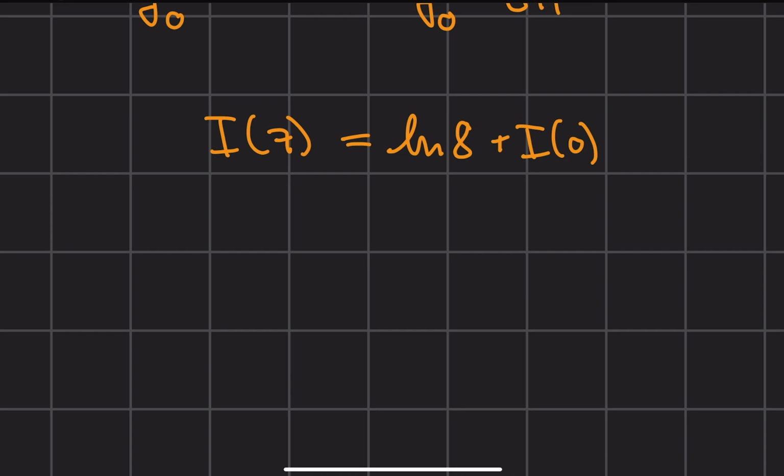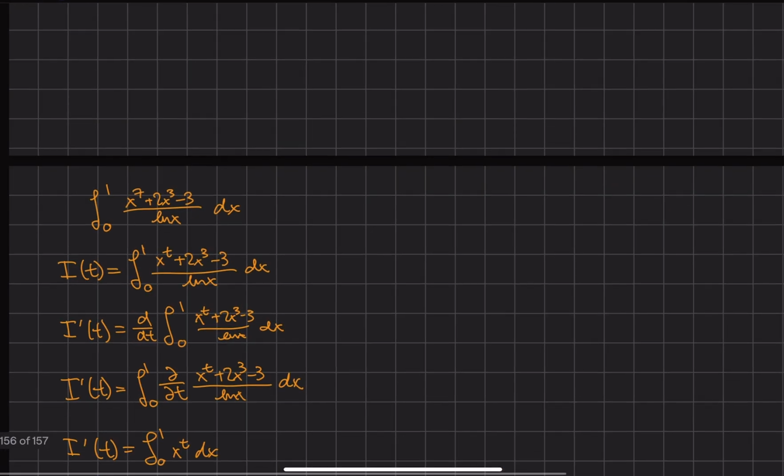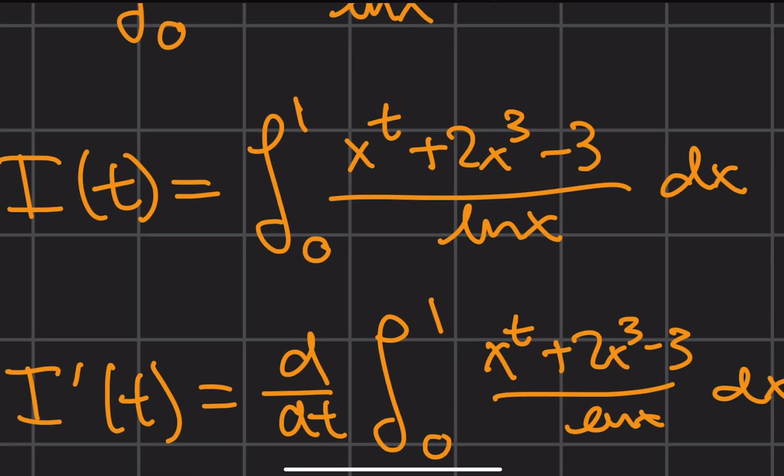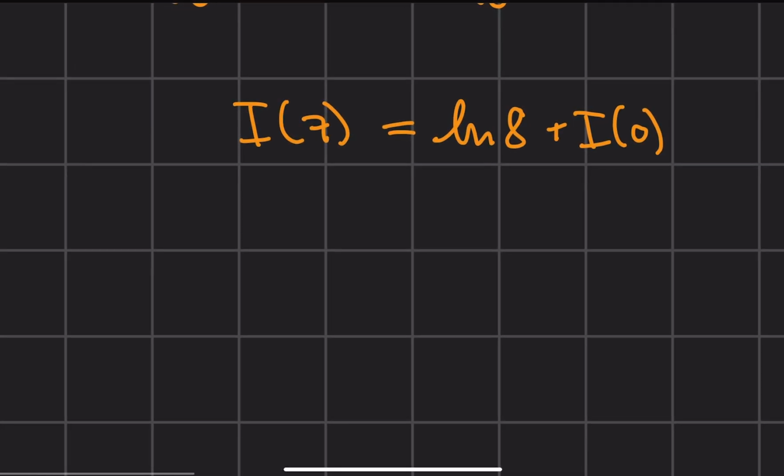Now, the problem is we don't know what I of 0 is. If we plug in t equals 0 here, we get another integral that we don't know. So let's write down what I of 0 is.